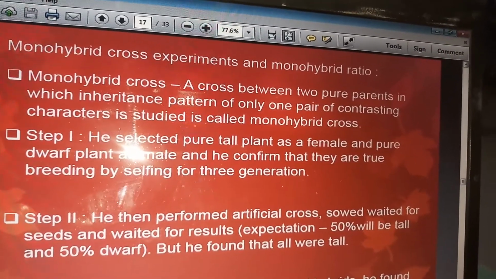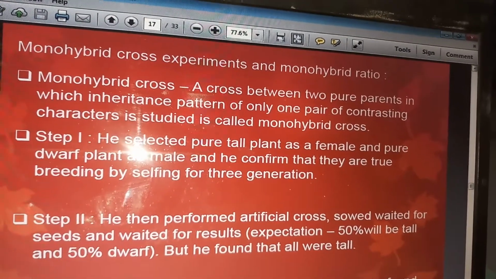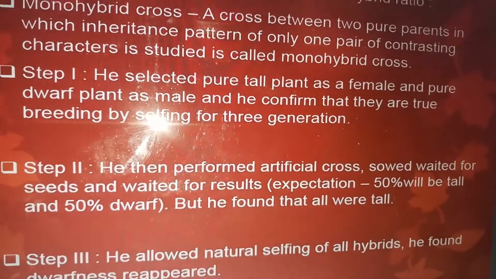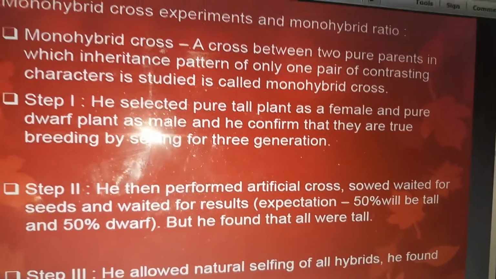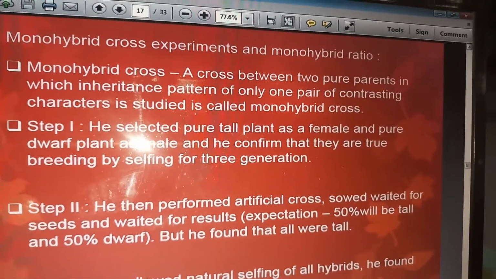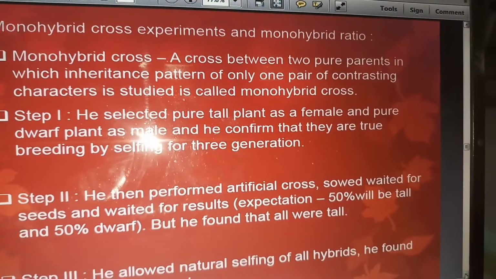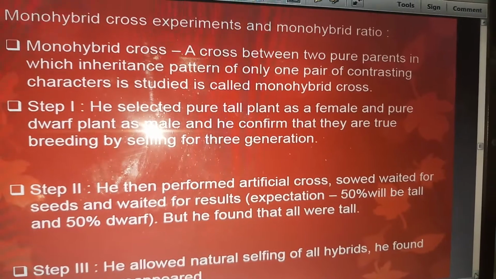Step 1, he selected a pure tall plant as female and a pure dwarf plant as male, and he confirmed that they are true breeding by selfing for 3 generations. Step 2, he performed the artificial cross, waited for seeds and waited for results.